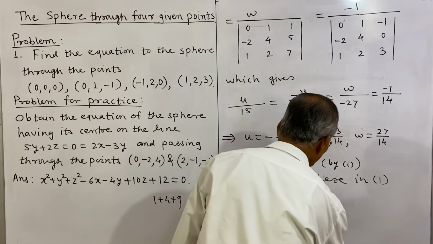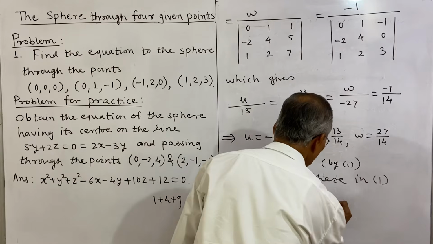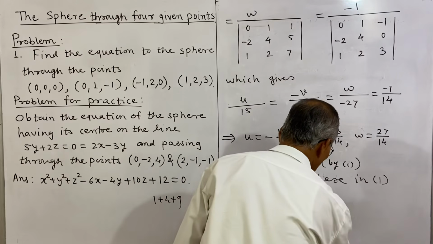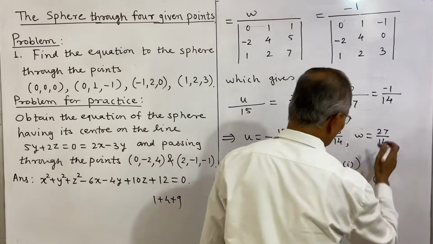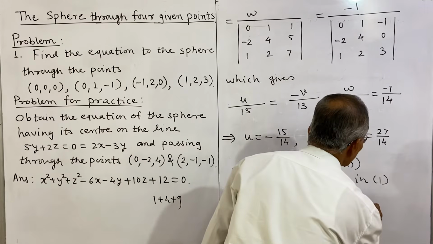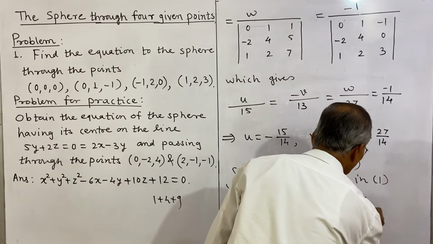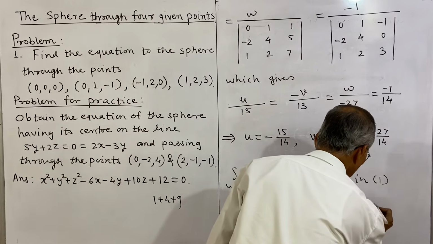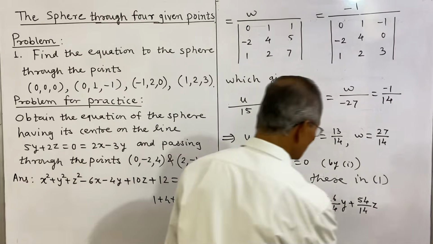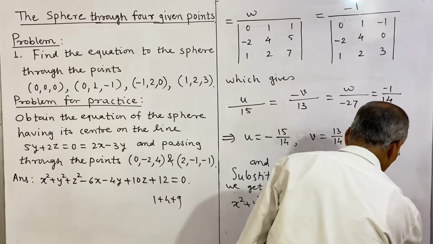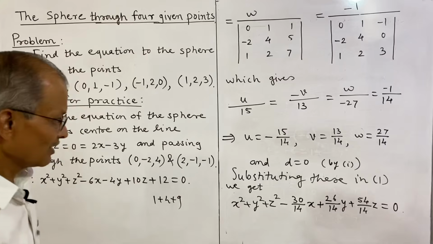Next, plus 2v, that is 26 divided by 14 y, and plus 2w, that is 54 divided by 14 z, and plus d, and d is 0, so it is equal to 0. This is the equation of the sphere.